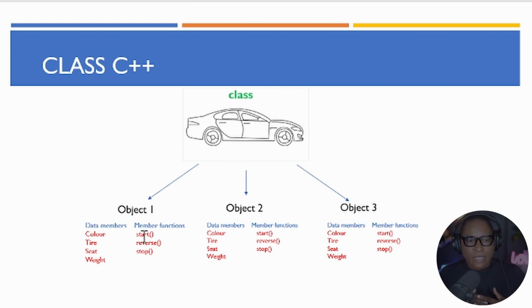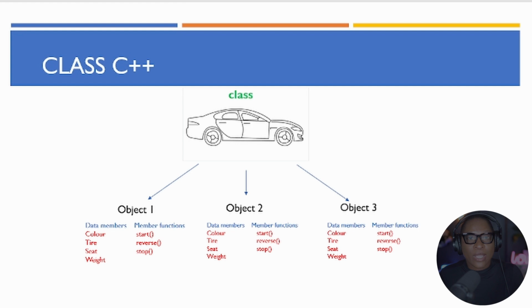Then you have the member functions, start and stop. So probably for object 1, you may want a push to start instead of the key. For object 2, you probably want the color to be black, the tires probably 17-inch, and the seat to be white. So you give each car different attributes or a different style.